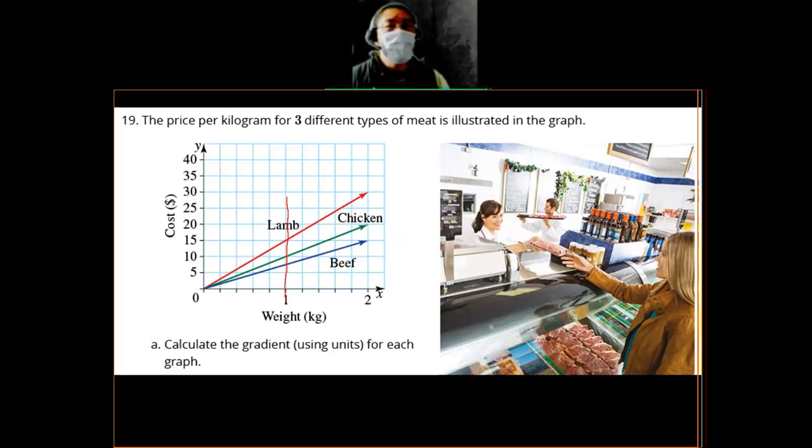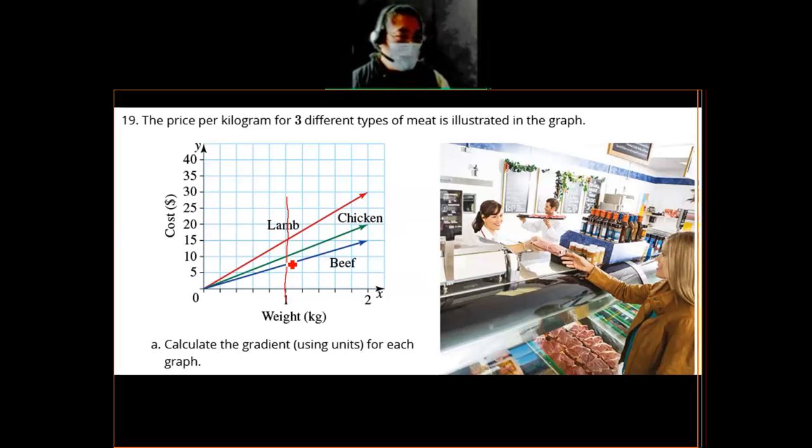Okay, let me round this up a bit. It's 7.5. Remember, when you have a cost in dollars, you can go to cents. I know you think about mathematics, so you round it up to a whole number, but you can always think as a decimal. So for beef, it will be 7.5 for 1 kilo, which is your gradient basically, because it's 7.5 divided by 1.